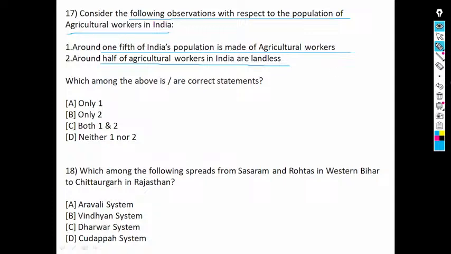Around one-fifth of the population is made of agriculture workers, and around half of the agriculture workers in India are landless.